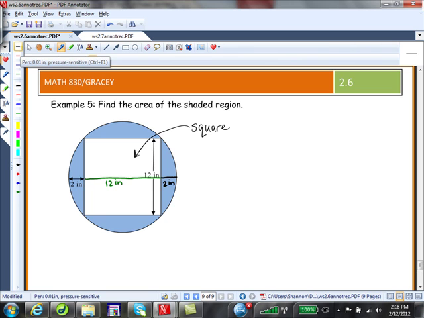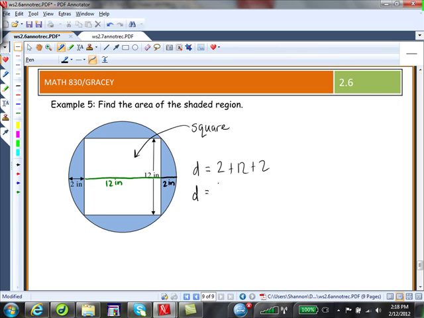So do you see that we will have a circle with radius equal to, or actually let's just look at the diameter. Do you guys see that the diameter would be 2 plus 12 plus 2?